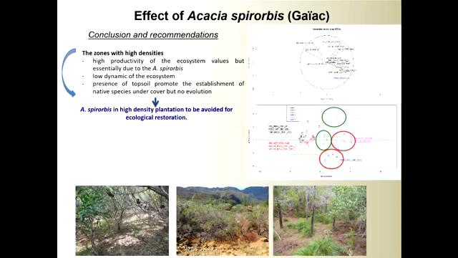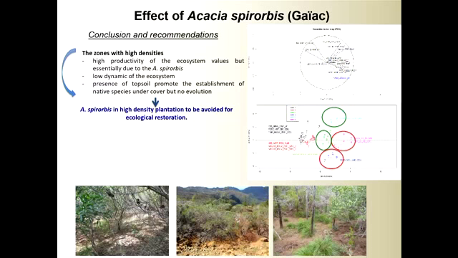So results show that zones with the highest density of acacia are more widely characterized by high productivity of the ecosystem values, defined by a better index of plant cover and a better growth of the woody species, but it includes the acacia itself, which represents between 40 and 90% of the ligneous plants.